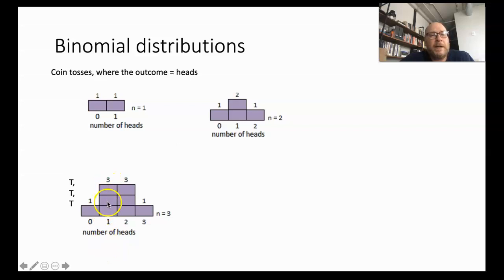There are 3 ways that you can wind up getting one head. That can be heads, tails, tails; tails, heads, tails; tails, tails, heads. You should be able to, at this point, tell me how you are going to get 2 heads in a set of 3 coin tosses. Think about that.